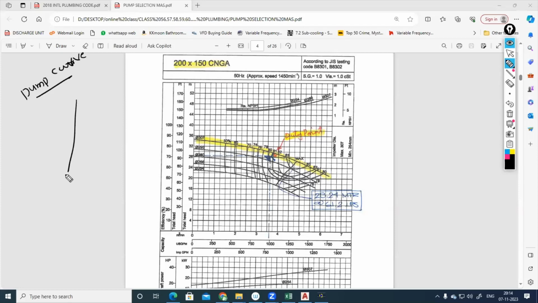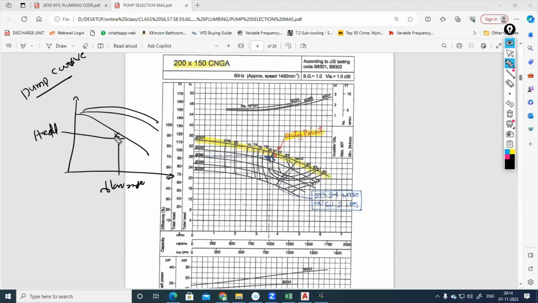Pump curve will be like this. X-axis will be having flow rate. Y-axis will be having pump head. It is having different curves like that. As per our flow rate and head, where we'll be getting the perfect model, that model we will select. Pump selection we'll be doing by the help of pump curve only.